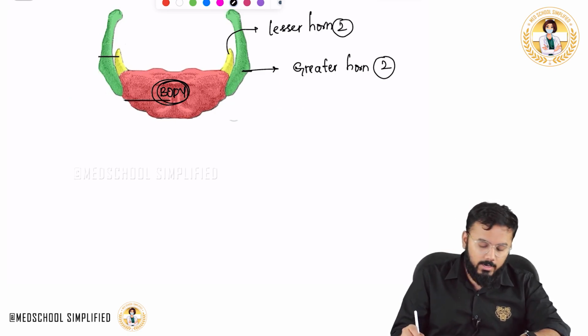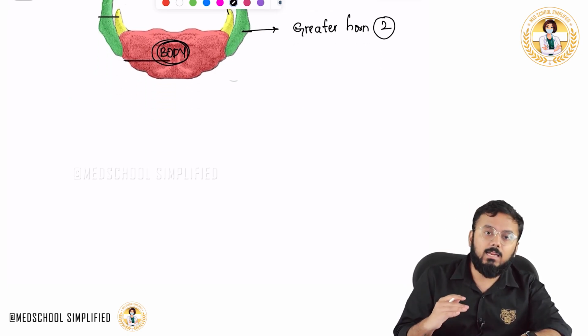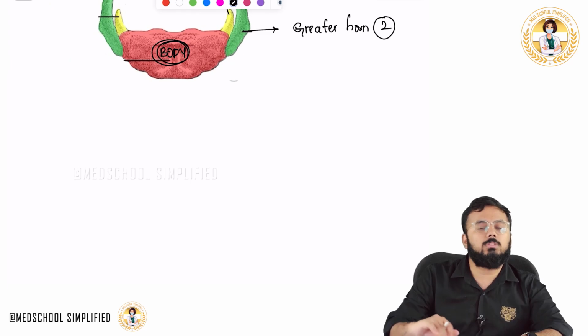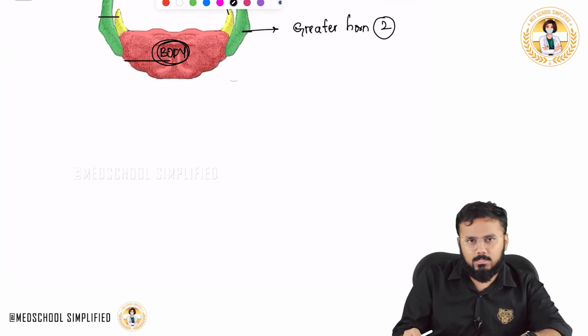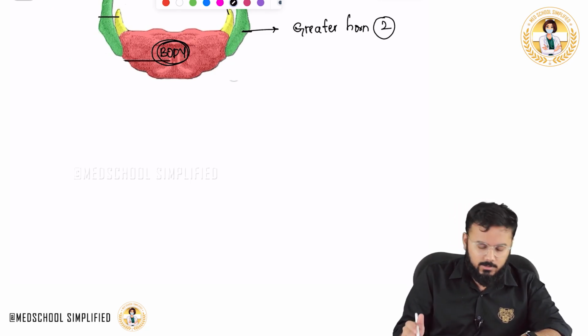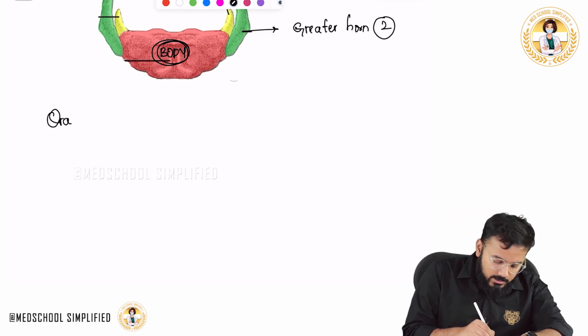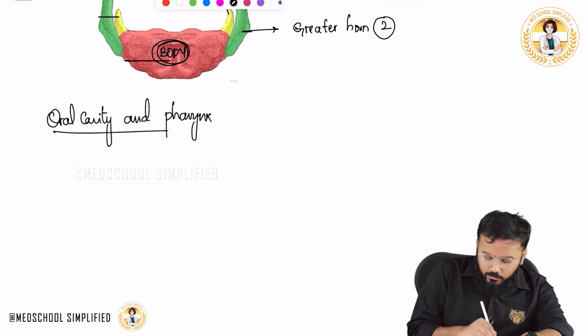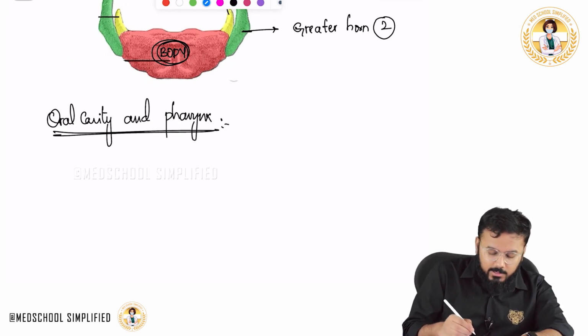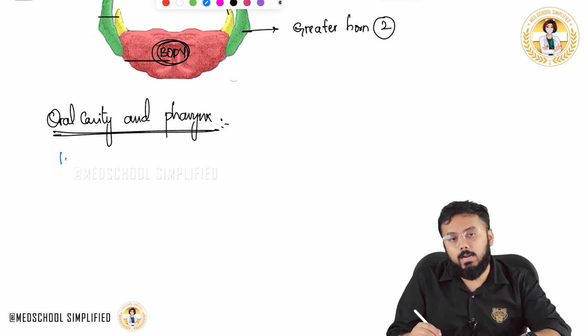Now let us see what muscles are attached to this hyoid bone. There are many muscles attached. First, let us look at the muscles of the oral cavity and pharynx that are attached to the hyoid bone. When it comes to the oral cavity and the pharynx, there are three muscles attached here.